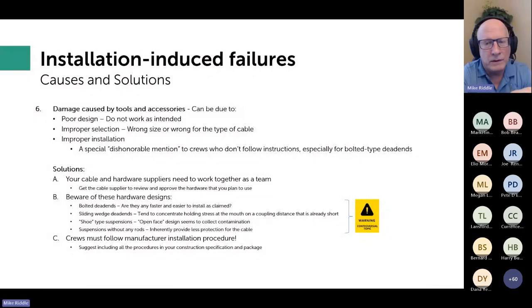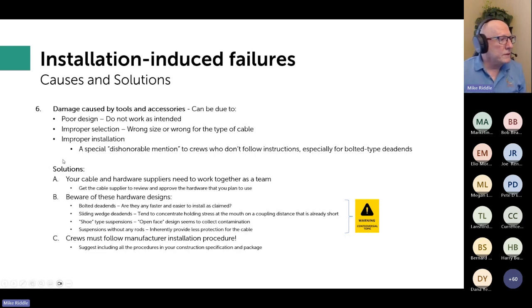Not good at all. So that's why I give them a special dishonorable mention to crews that don't follow the installation instructions. It's not only on bolted type dead ends, it happens elsewhere too, but the bolted ones seem to be a common problem that I've seen over the years.